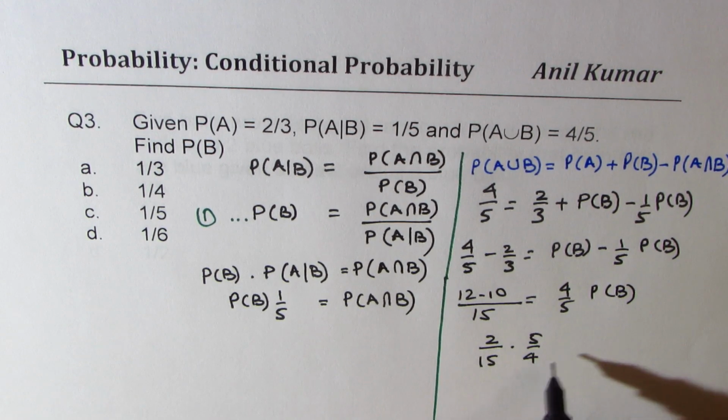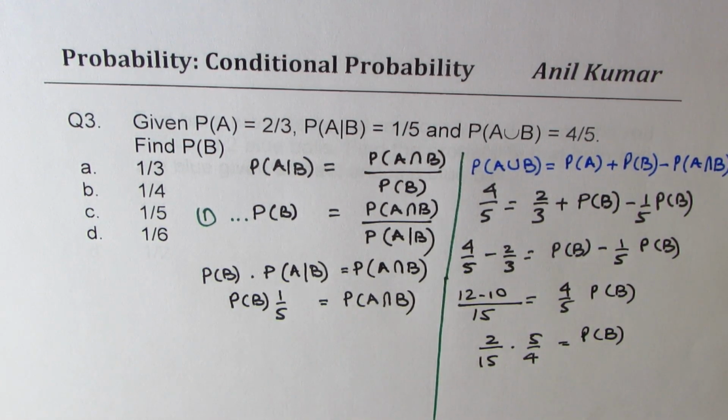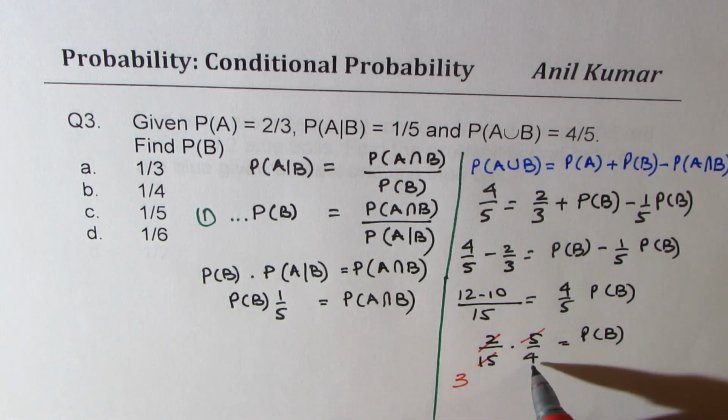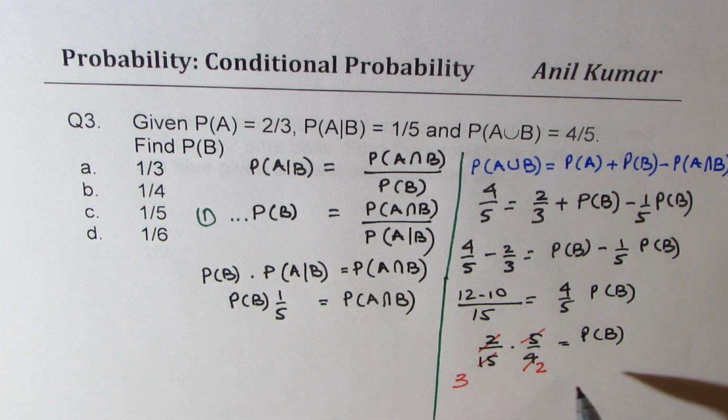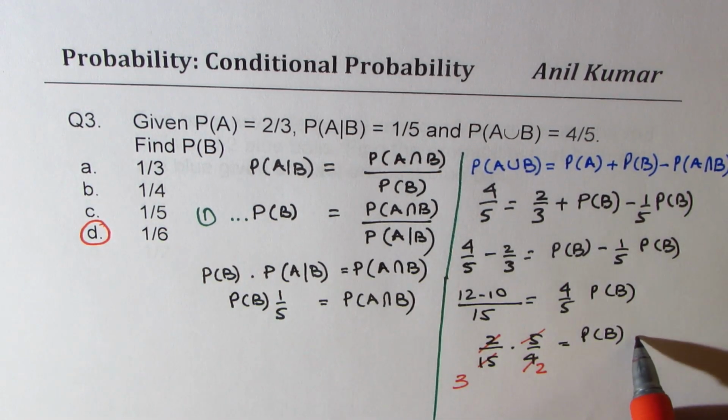We get 5 over 4 times 2 over 15 equals probability of B. Now this can be simplified. That goes 3 times. This goes 2 times. So we get this as 1 over 6, right? So option D is the right option.